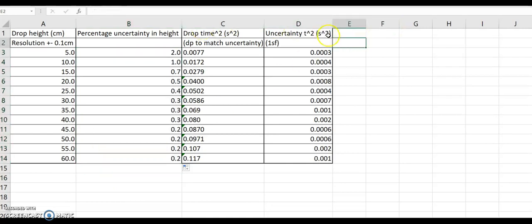For the percentage uncertainty in the time squareds, that's just the absolute uncertainty in time squared divided by the time squared. We need to times that by 100 to give us the percentage.